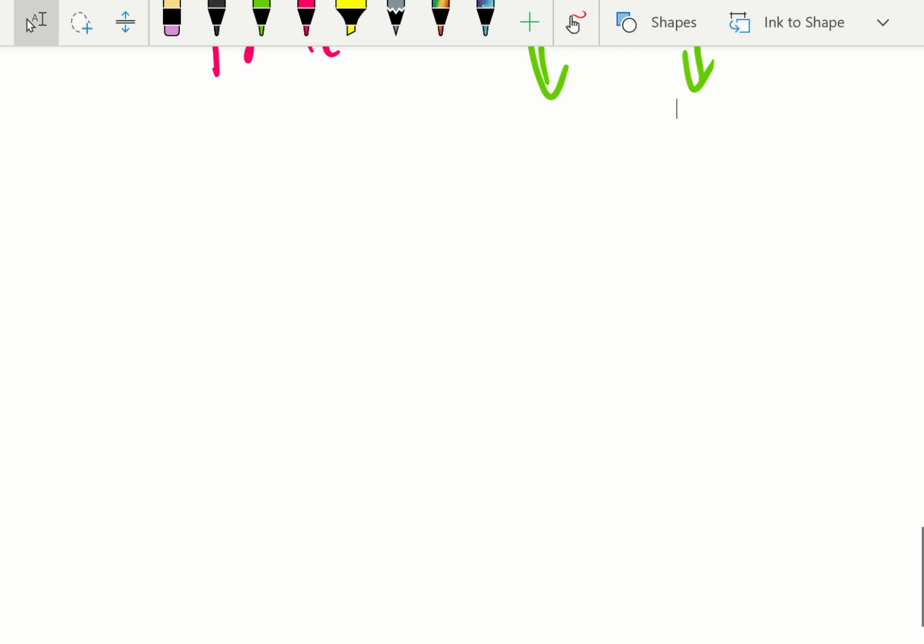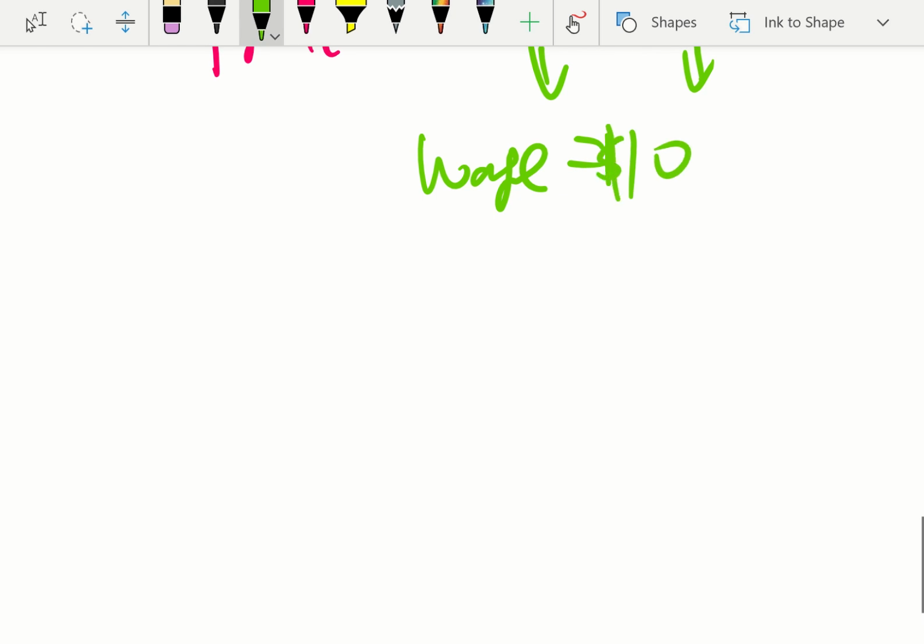Imagine that for our business, we pay our employees a wage of $10 per hour. This will be my chef, my helpers, my waiters, I'll pay them $10 per hour. Let's suppose the price of chicken fried rice, the price I sell to customers, goes down. Well, that means I will receive less revenue, right?